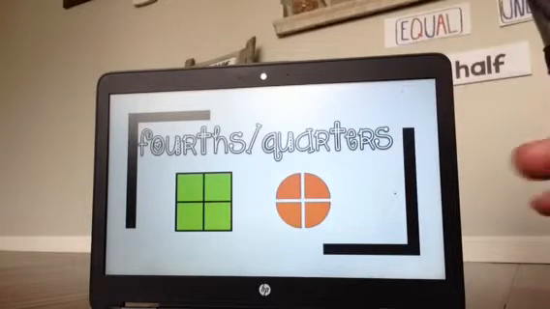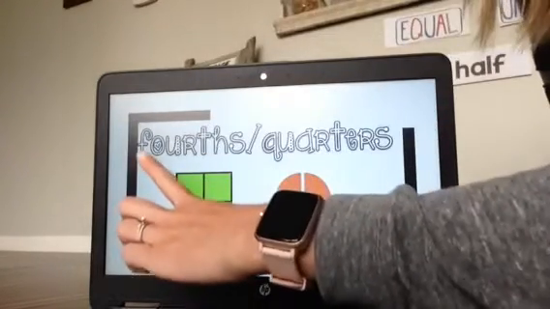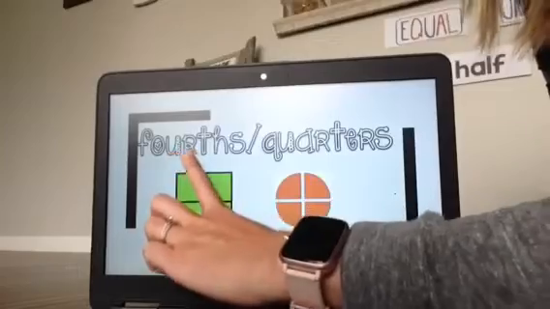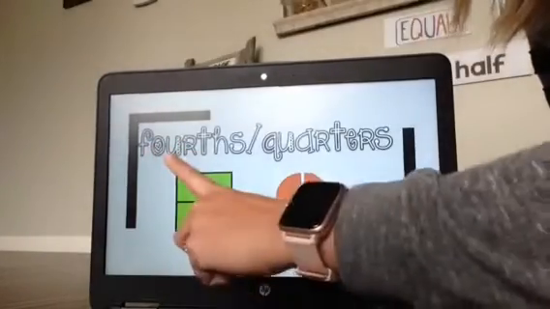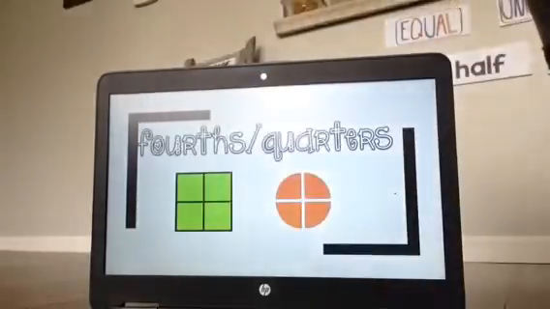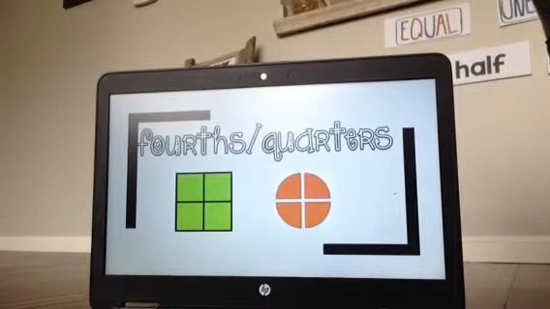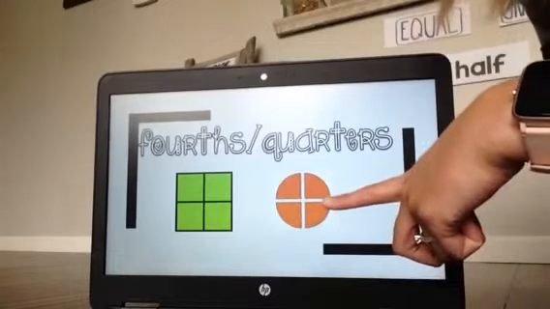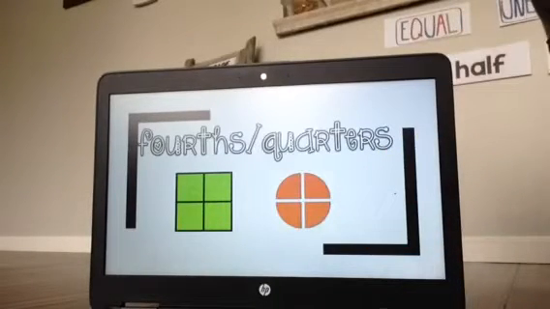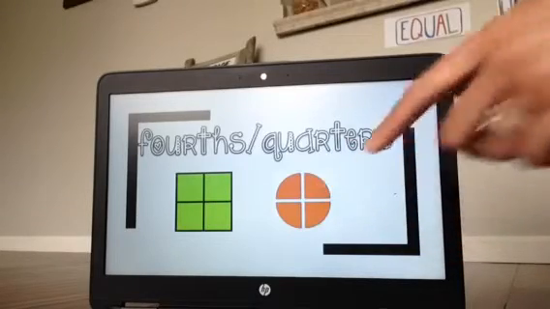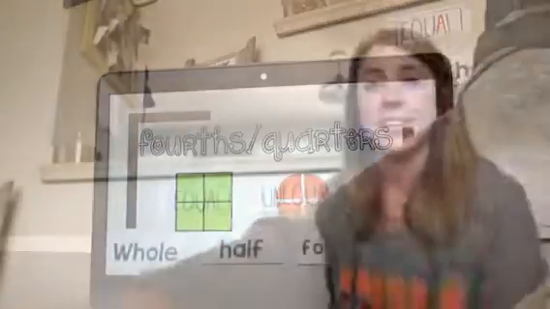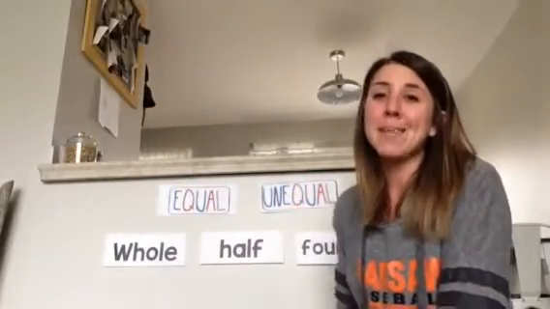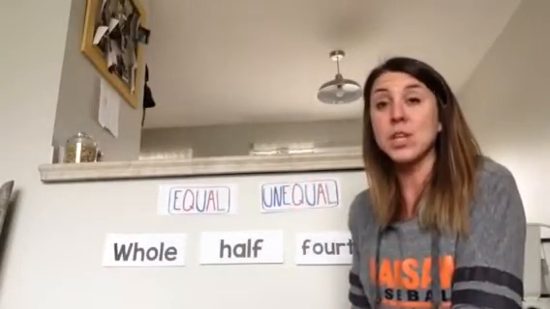That's right, they're divided into 4 equal parts. If you didn't even catch it, the word four, F-O-U-R, is right here. And the reason why I included fourths and quarters is because we can use those interchangeably. We can say this circle is divided into quarters, or we could say this circle is divided into fourths. But what you need to remember most is that when we say fourths or quarters, there are 4 equal parts.